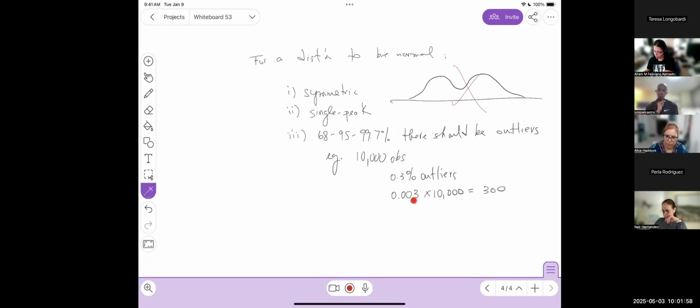Is it 300 or 30? It's 30. Okay, good, but you had the right idea. So if it's 1,000, it's 3 outliers. So if you took 1,000 observations, some should be outliers.